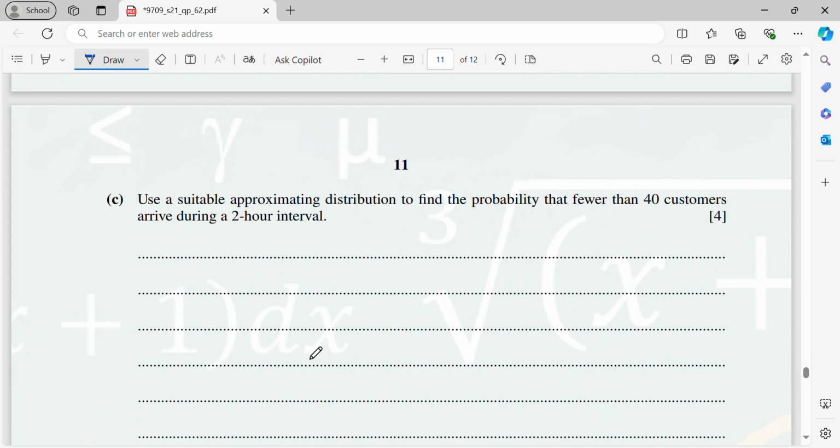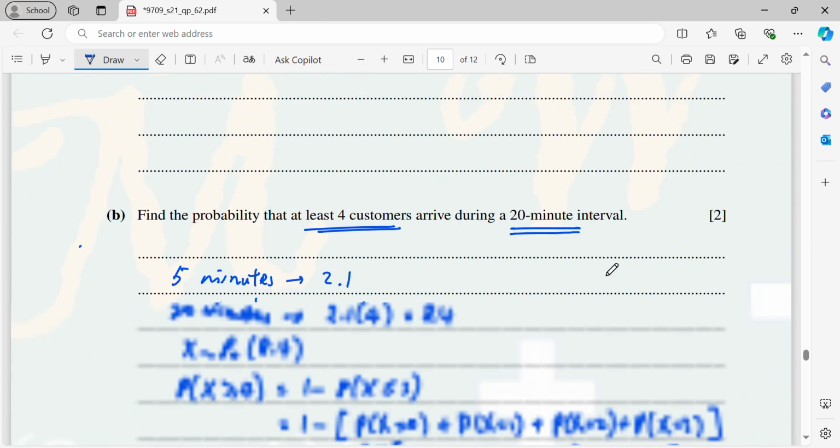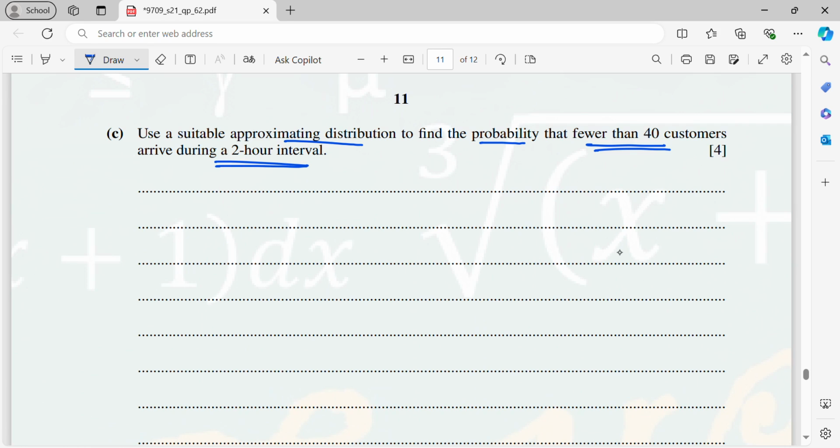Okay, next part: use a suitable approximating distribution to find the probability that fewer than 40 customers arrive during a 2-hour interval. When it is a 2-hour interval and you are given 5 minutes, I need to convert: 2 hours means 120 minutes.